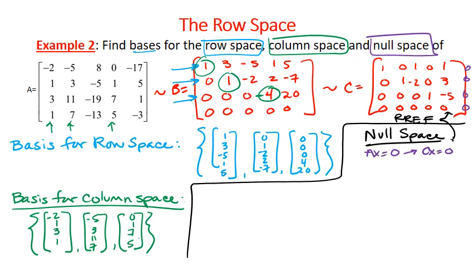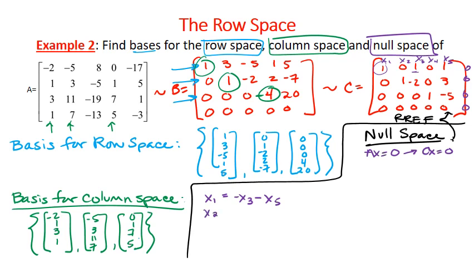All right, so remember x1, x2, x3, x4, x5. x1 is equal to negative x3 minus x5. I'm just solving this equation for x1 right away.